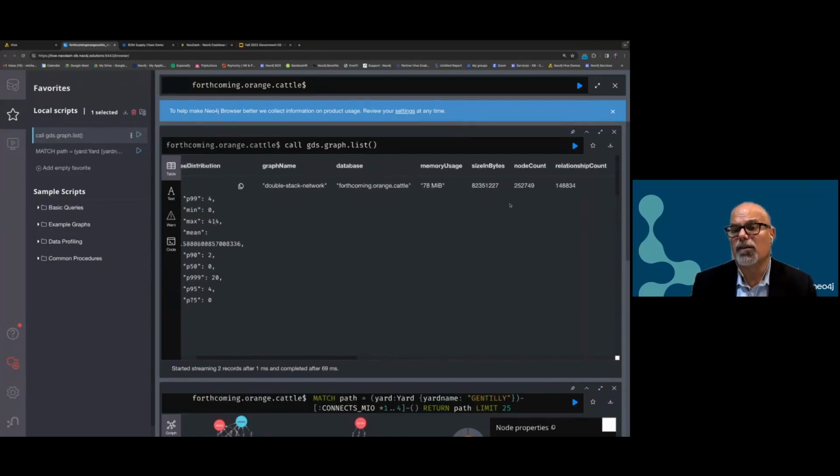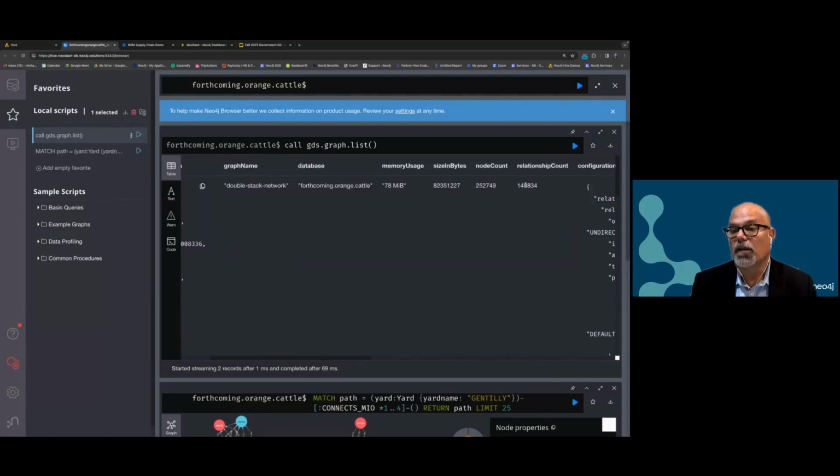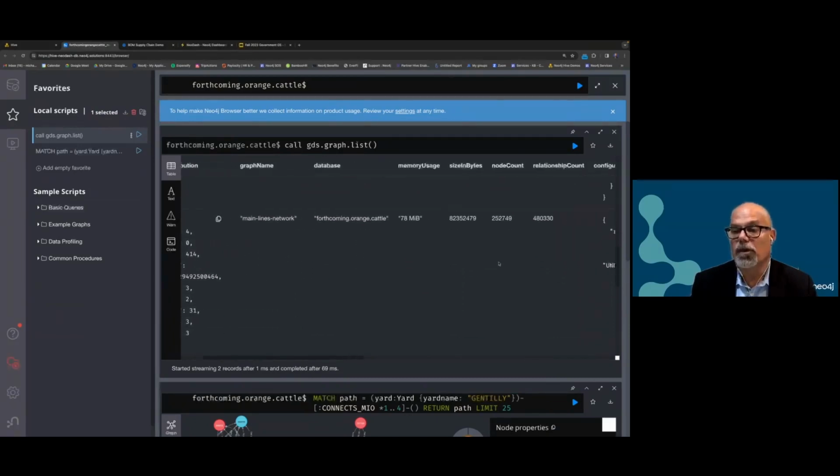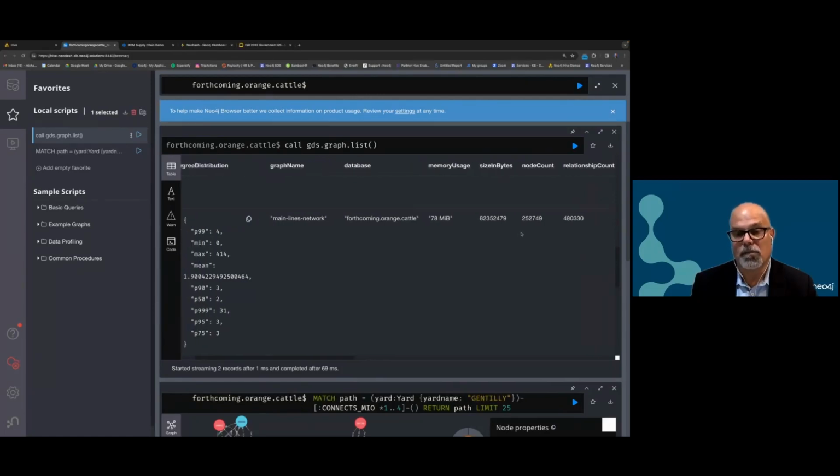And it's got in it about 250,000 nodes, and it's got about 150,000 paths on that. And then I've also got the main lines network, which is quite a bit bigger. Again, about 250,000 nodes, but now you can see about 500,000 track segments in it. So let's see, what does this actually look like?